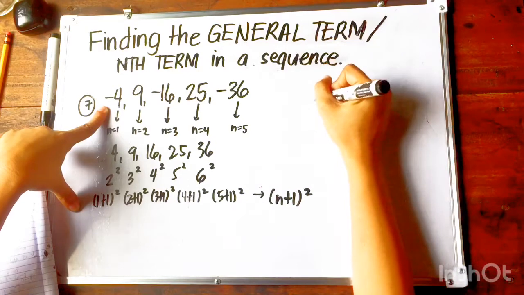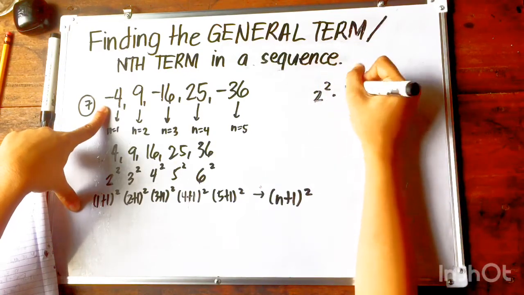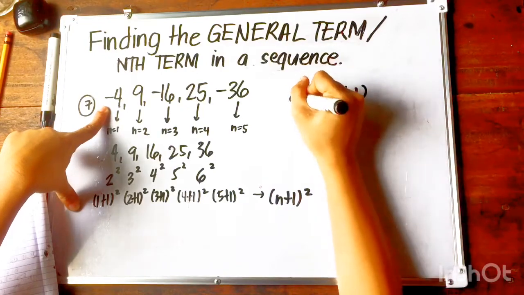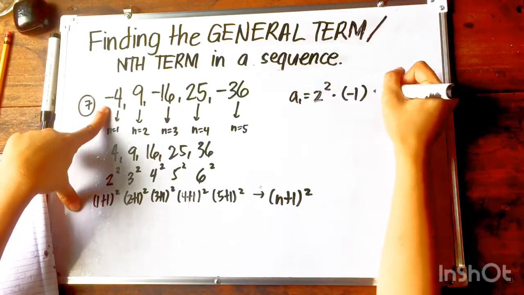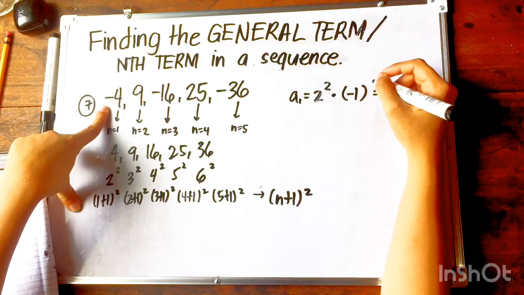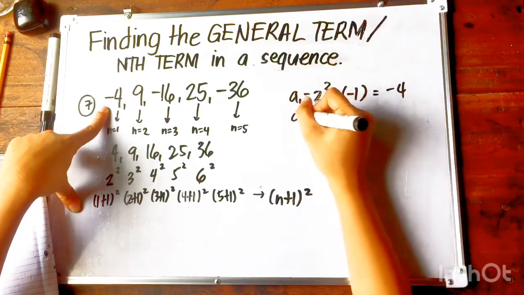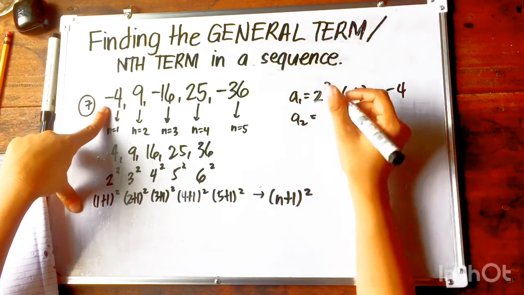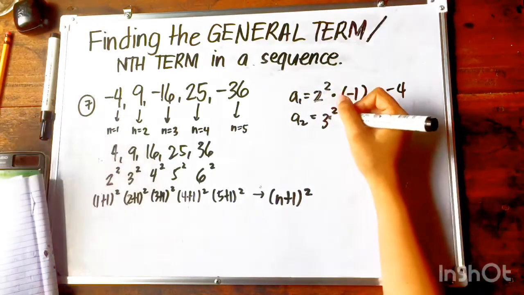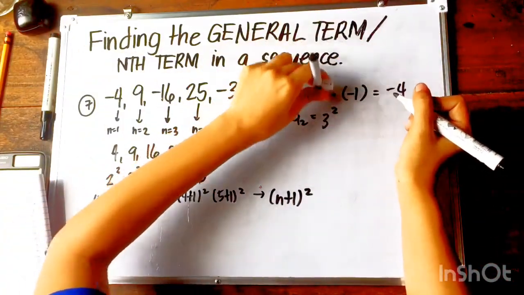So, for example, sa 2 squared, nagmumultiply lang tayo ng negative 1. Okay? So, in this case, this is really negative 4. Pero pag a sub 2, so this is 3 squared. Wait lang. Medyo magulo. Apply natin ulit.